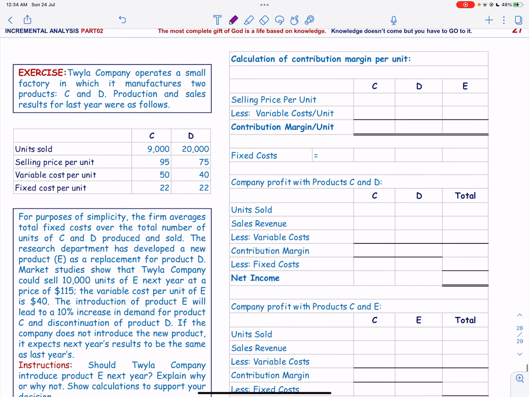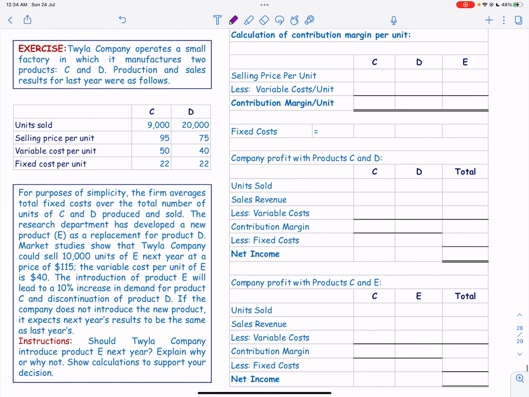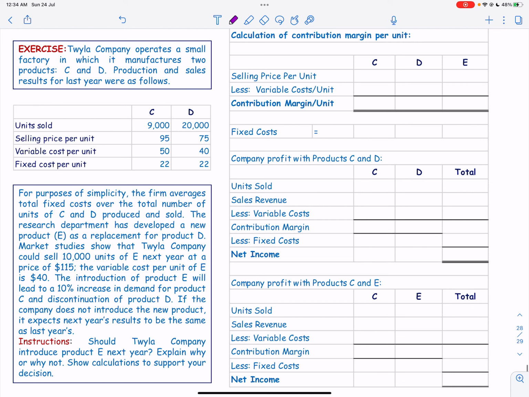For purpose of simplicity, the firm averages total cost over the total number of units of C and D produced and sold. The research department has developed a new product E as a replacement for product D.